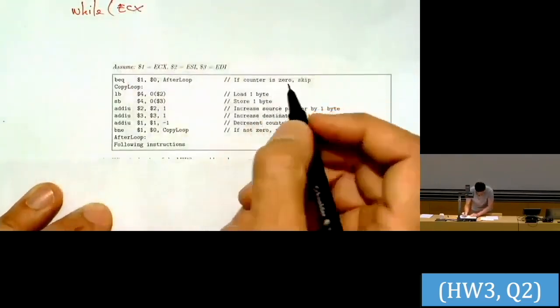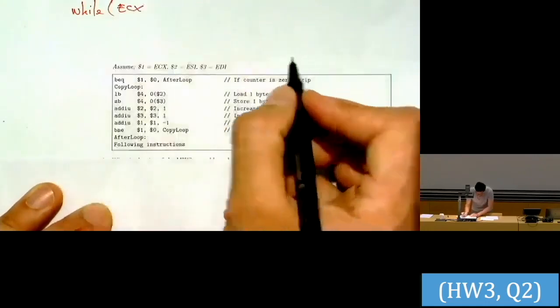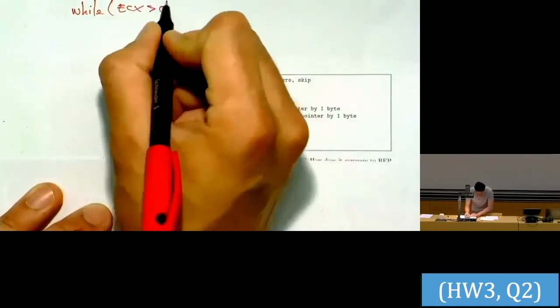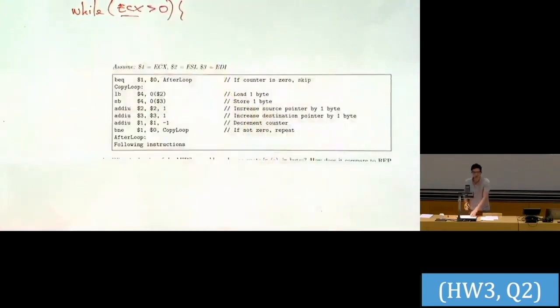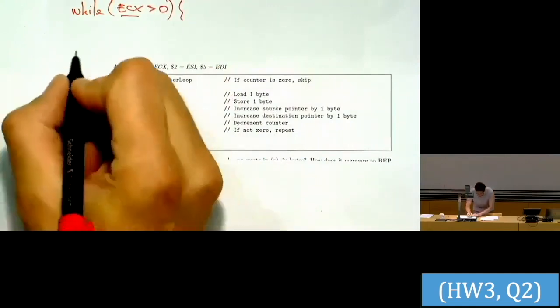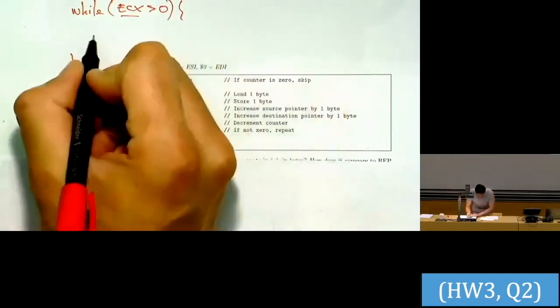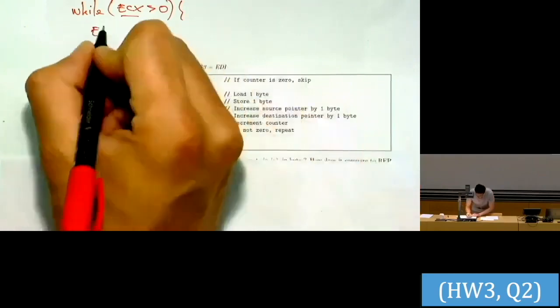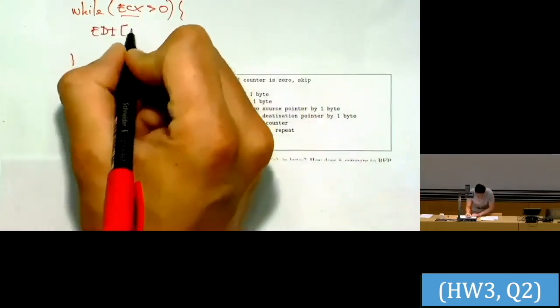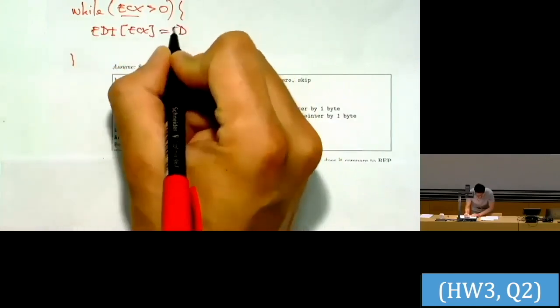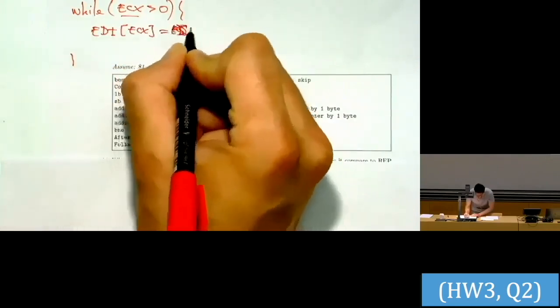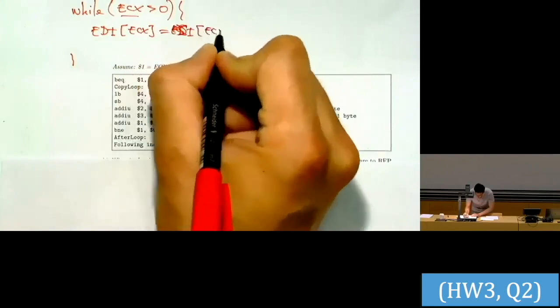ECX greater than 0, because ECX is the counter, right, where we have the total number of bytes that we need to copy, and this would be something like EDI[ECX] equal ESI[ECX].